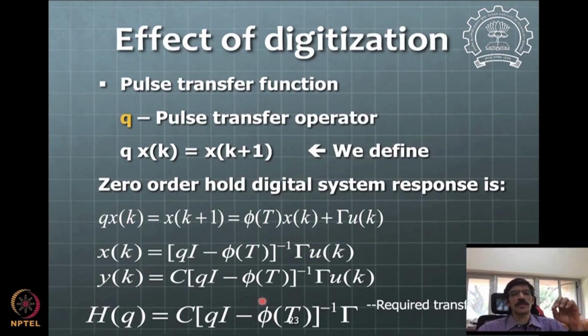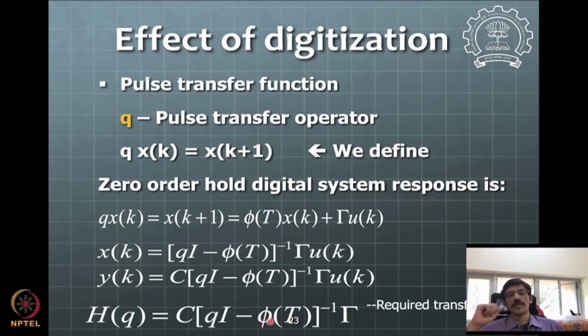From there we can get to this kind of a transfer function H of q, basically using phi, which is equal to e to the power A t, where t is the sampling time, and psi is like the integral of e to the power A s, so that's the integral of this term.